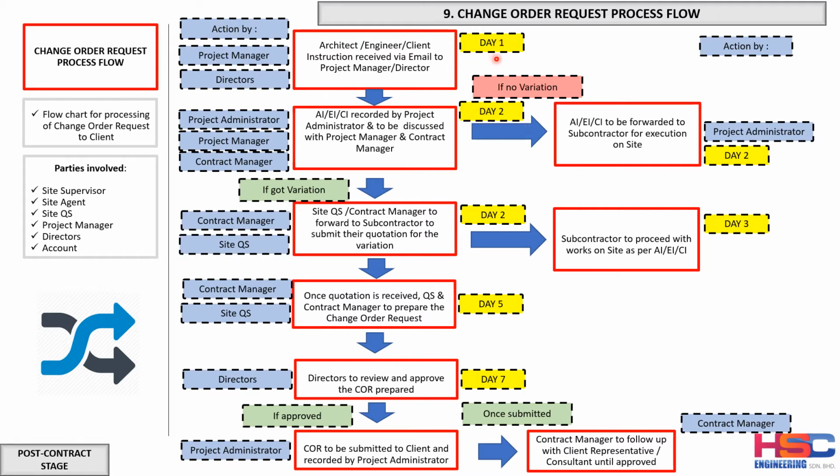So on day 1, when they receive the instruction, the project manager will see if there is no variation. Variation here means cost and time implication.